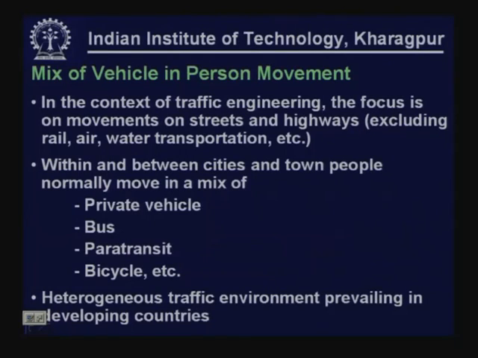That means we are excluding, for the moment, rail, water and air transportation scenarios. So, within and between cities and towns, people normally move in a mix of vehicles, namely private vehicles, buses, paratransit systems and bicycles, even walking. So, different modes of transportation do exist.